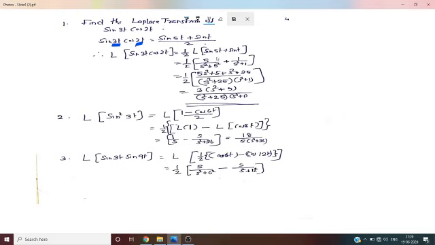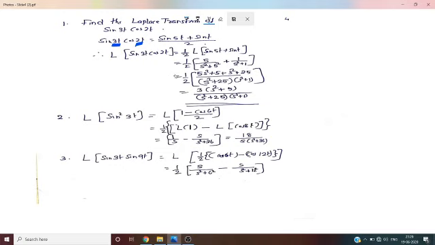What is the Laplace transform of sin 5t? The Laplace transform of sin at equals a by s square plus a square. Here 5 is the constant, so the Laplace transform of sin 5t equals 5 by s square plus 5 square. And sin t means sin 1t, whose Laplace transform equals 1 by s square plus 1 square.